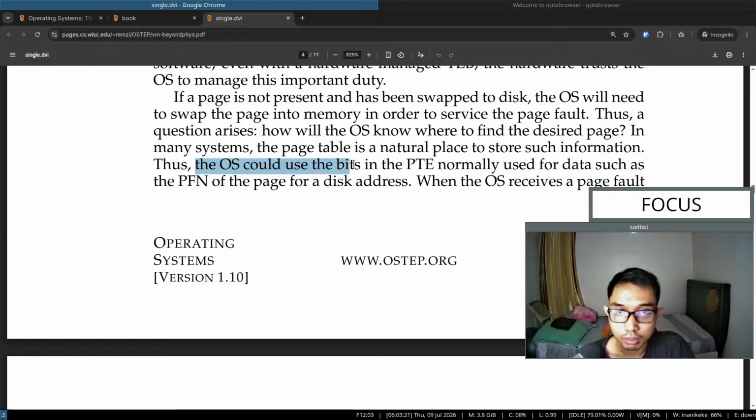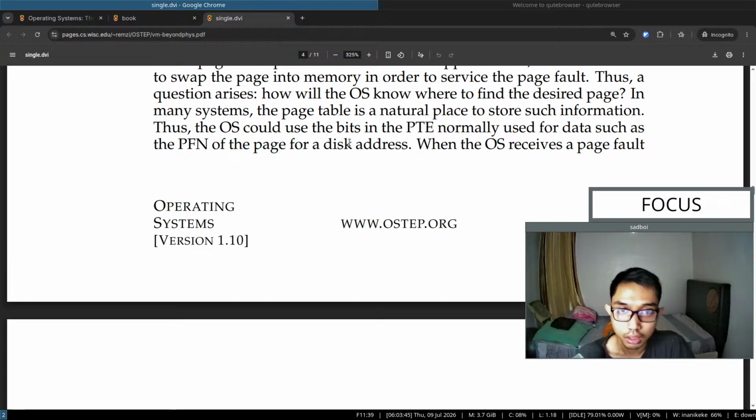Thus, the operating system could use the bits in the page table entry normally used for data such as the page frame number of the page for a disk address. Okay, interesting. Instead of a memory address, we have the page frame number as the disk address, I assume.